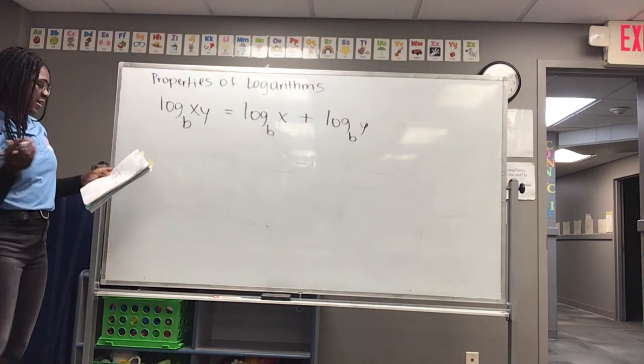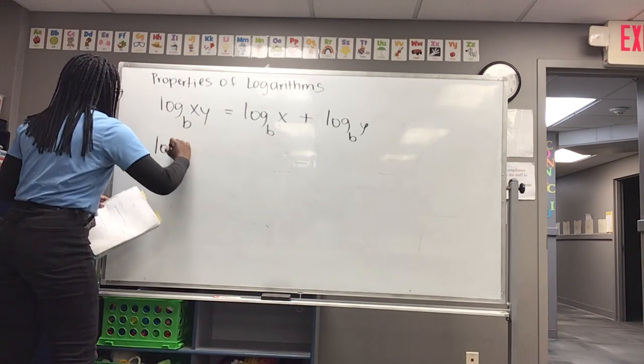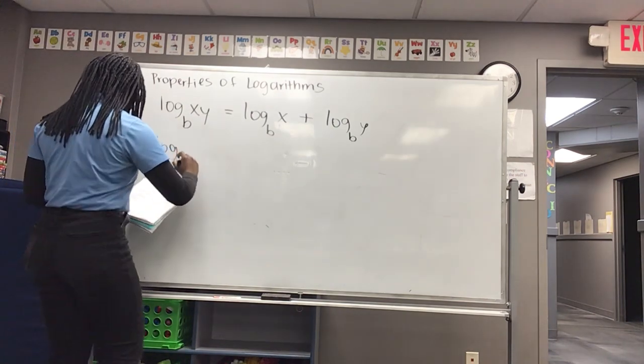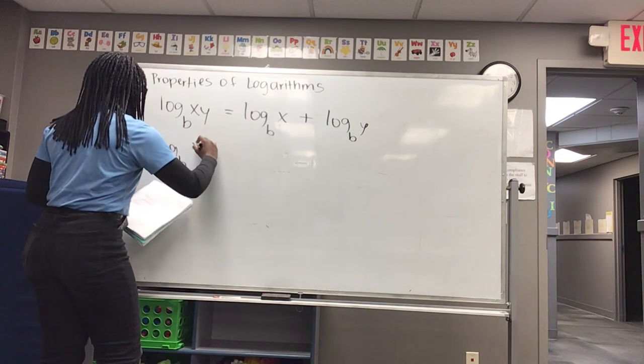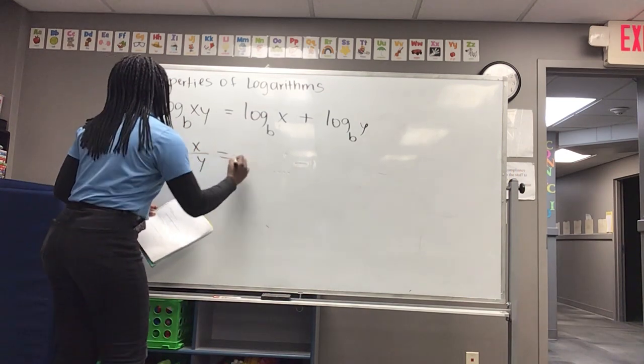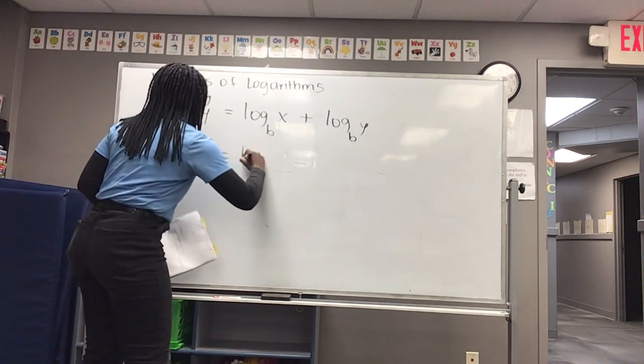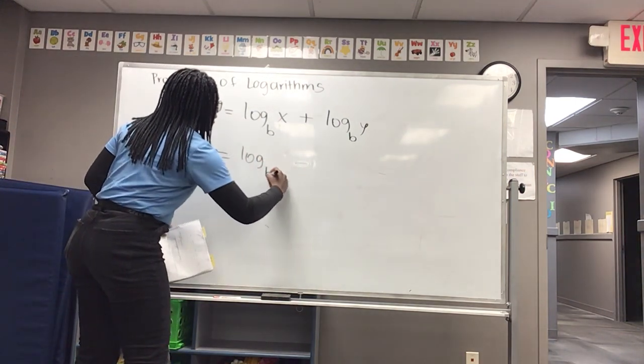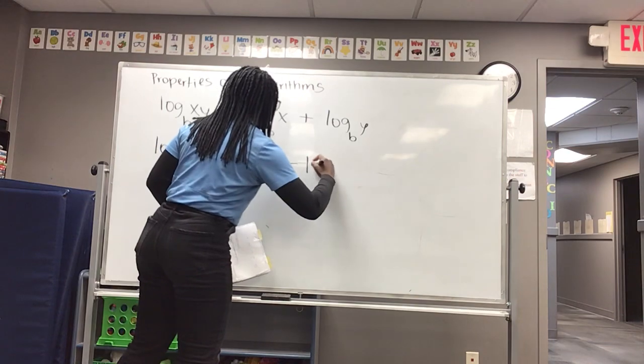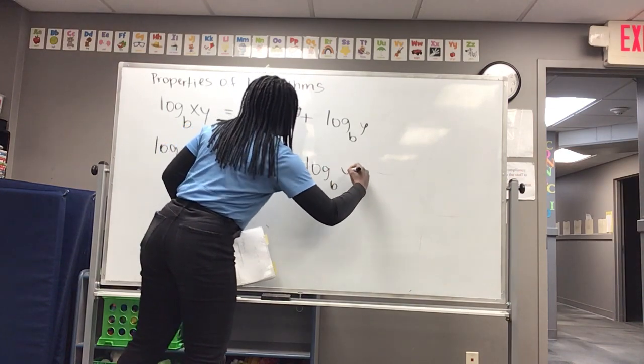So we've got another rule with division. So if I have log base b of x over y, that turns into log base b of x minus log base b of y.